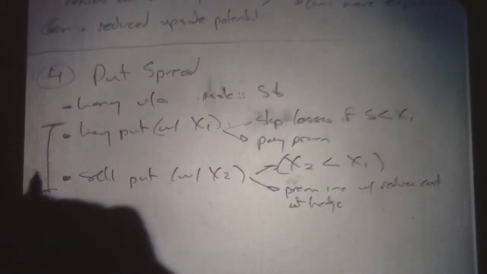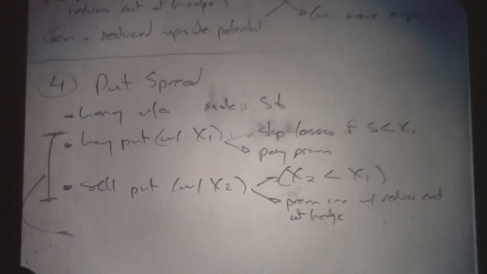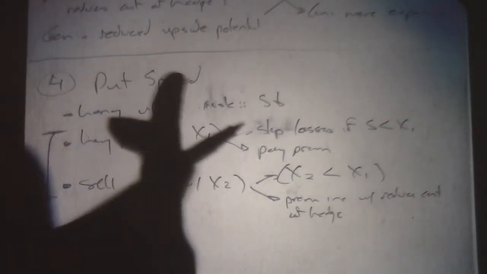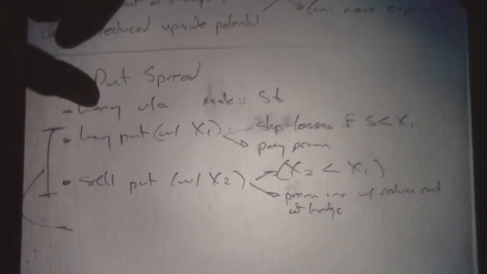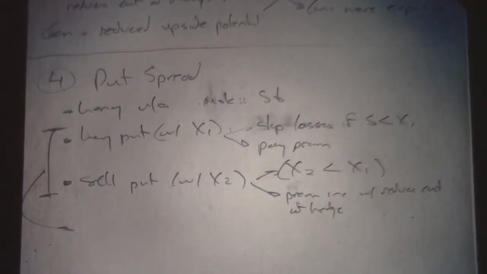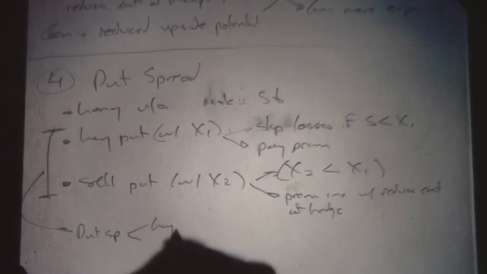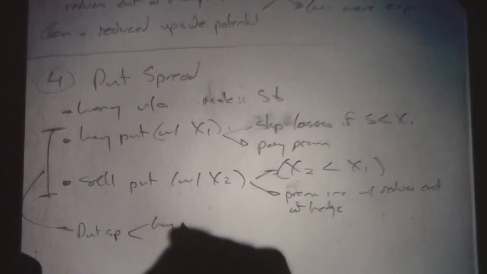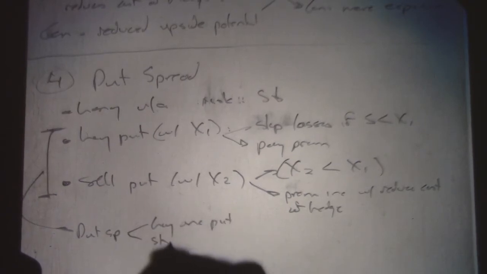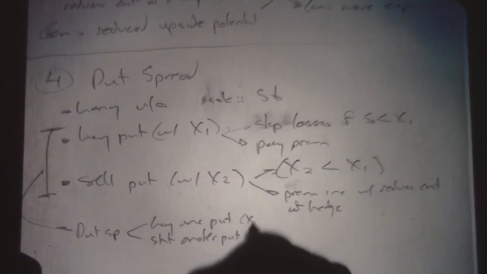Now, what was the name of this position? Put spread, and that's where it is. See that? You got long put and short put. So that's where the name comes from. So put spread is you long one put and short another put.